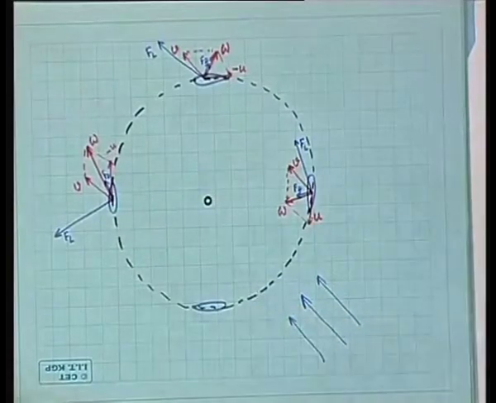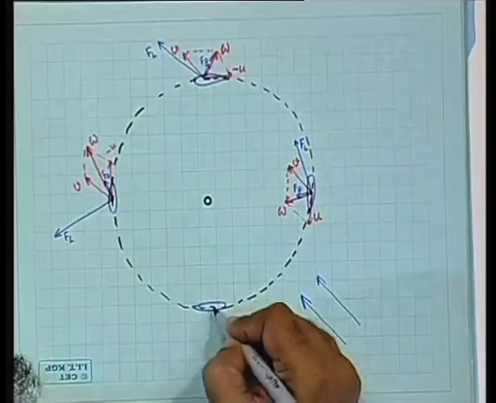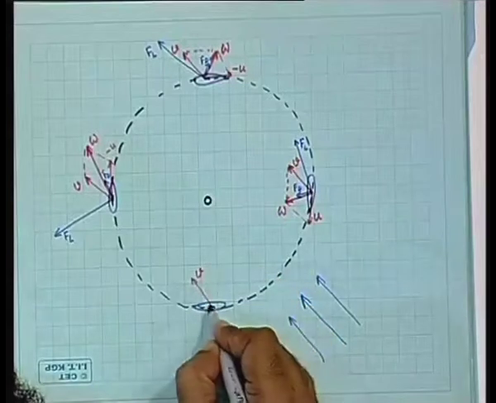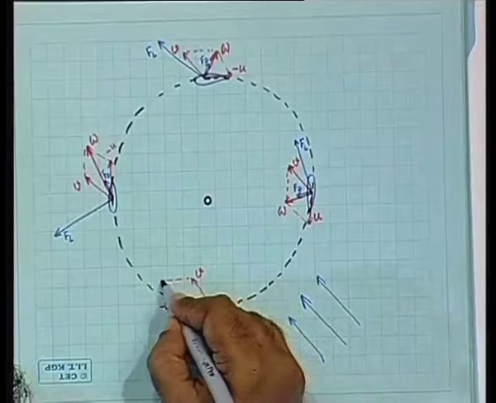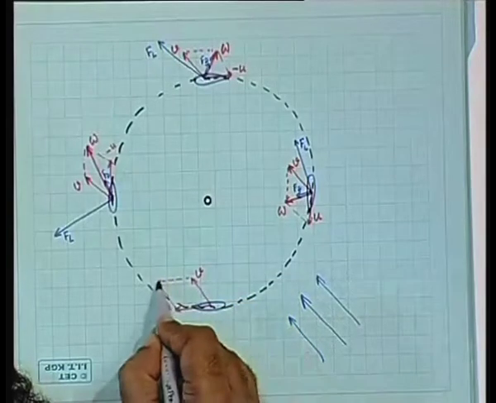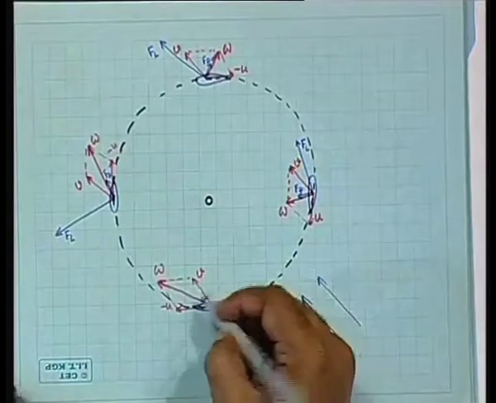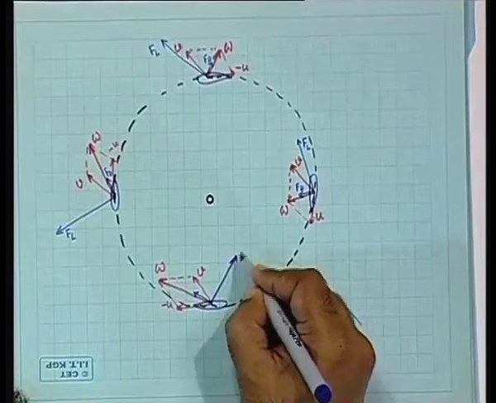Come here. Here you have the direction of the velocity, wind velocity here, V, and here is minus U, and therefore this is the direction of W. Again you have the Fd like this and Fl like that.